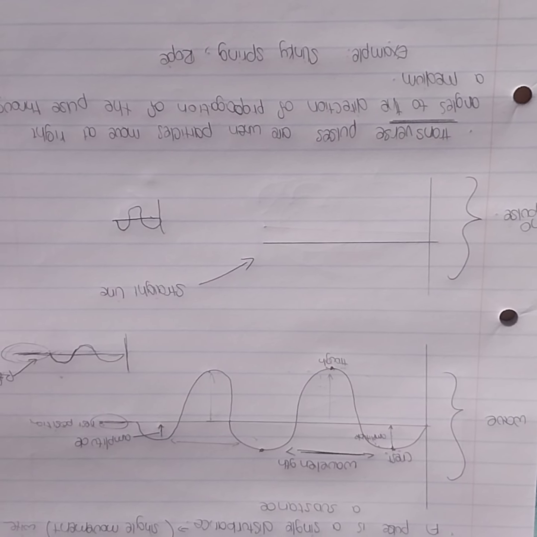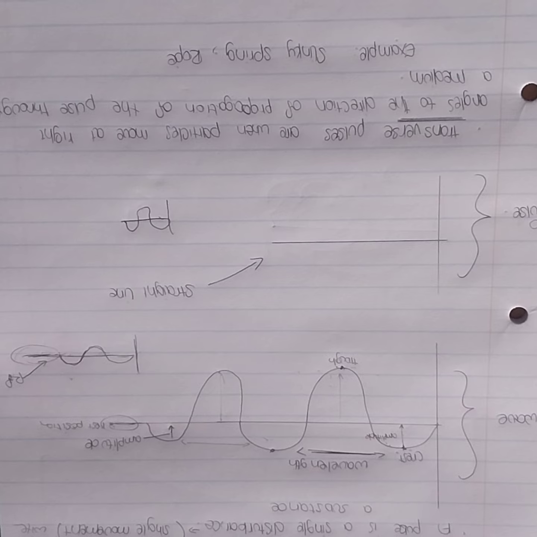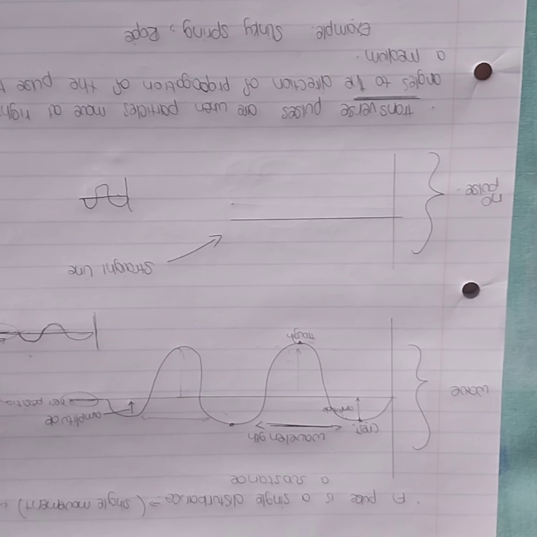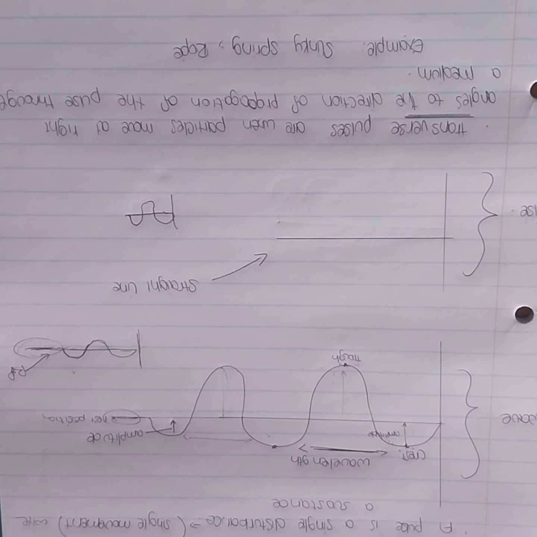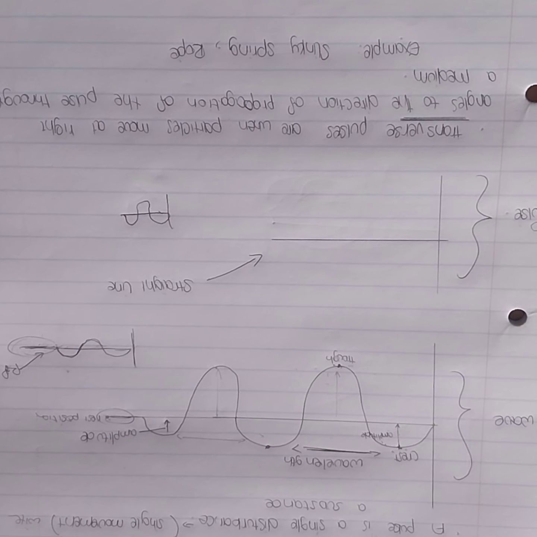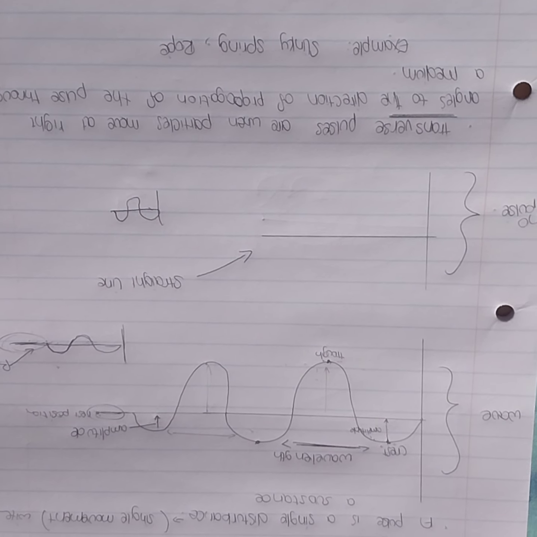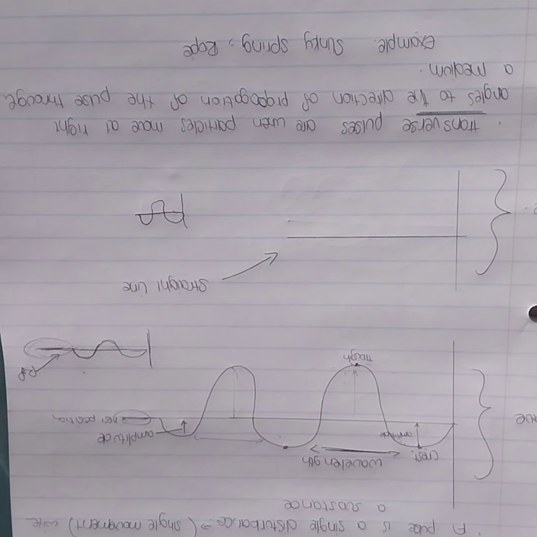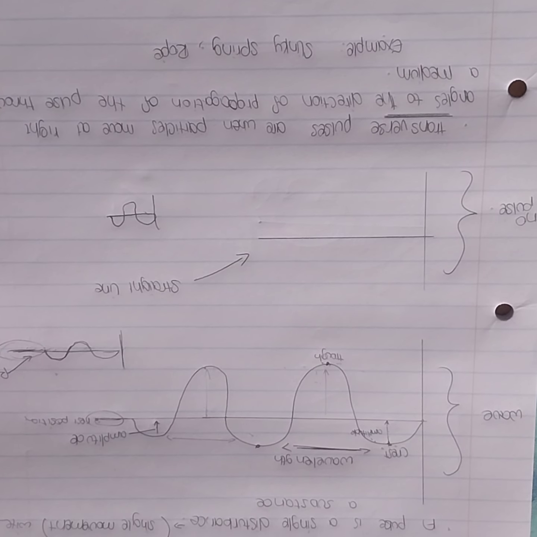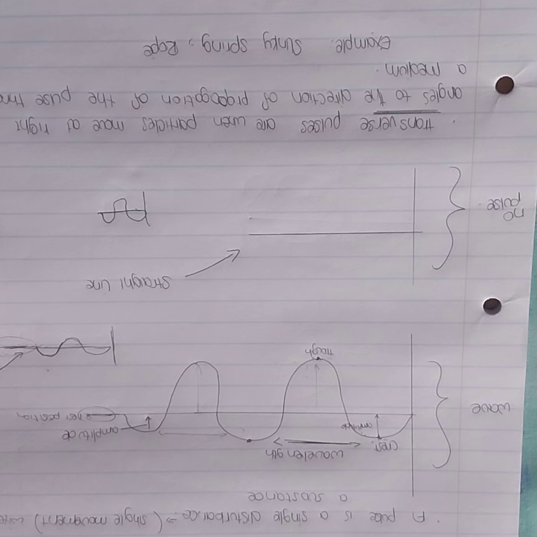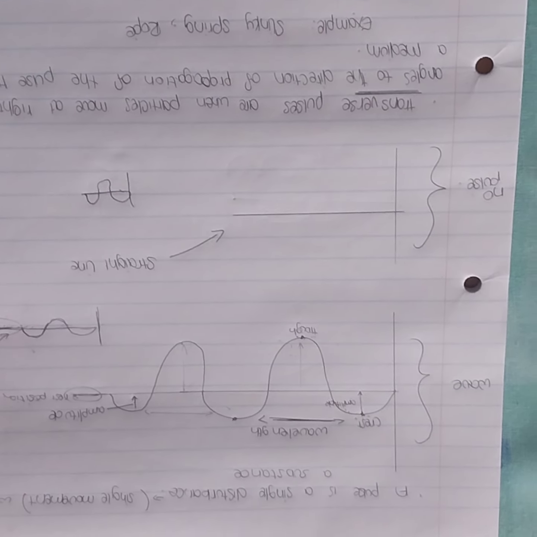Well, you can just use this definition, it might be similar, but I'm sure it is useful. So basically, transverse pulses are when particles move at right angles to the direction in which the pulse is moving. An example of a transverse pulse can be a slinky or a rope.